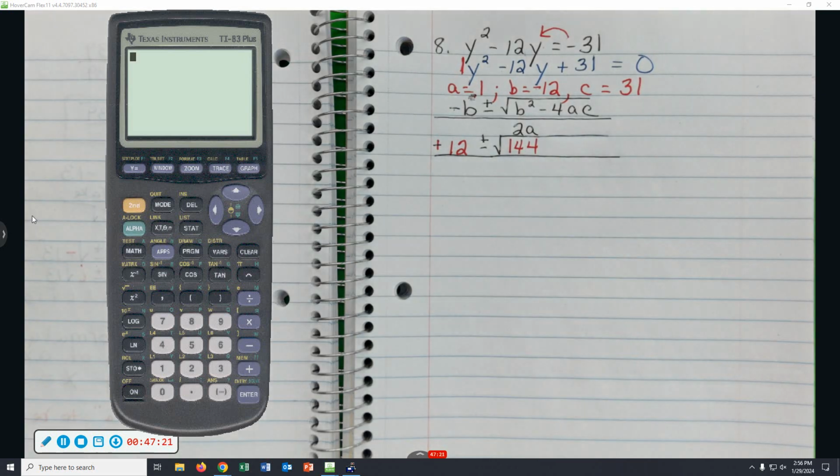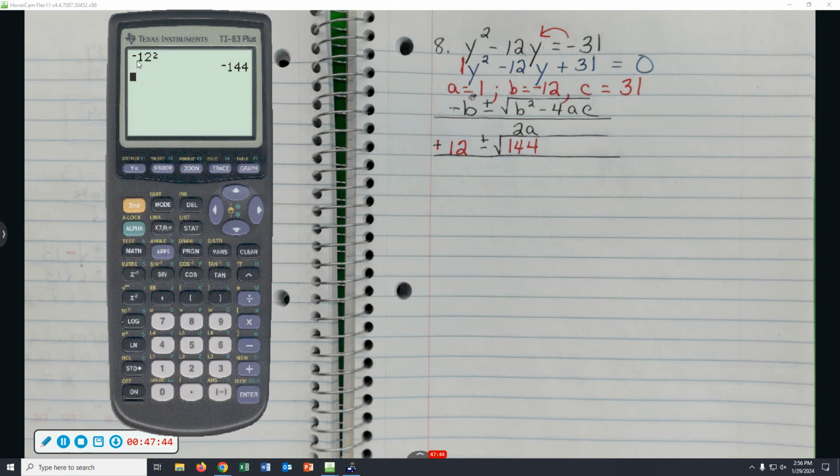Now, a word of warning about this. Sometimes students tell me, oh, the calculator's messed up. If you punch this into your calculator, and this is true for most calculators, it gave the wrong answer. Wait a minute. We know negative times negative has to be positive.